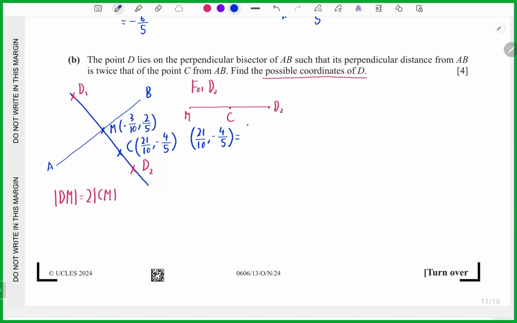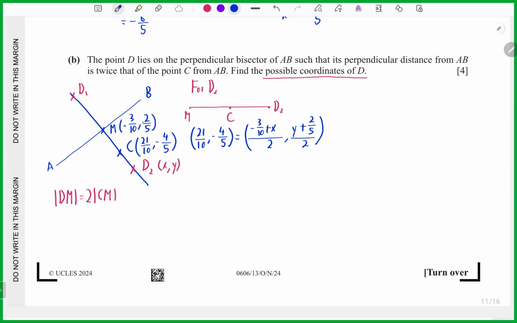Okay, and then bracket, this is your x and y coordinates. So you can take negative 3 over 10 plus x over 2, y plus 2 over 5 over 2 here.